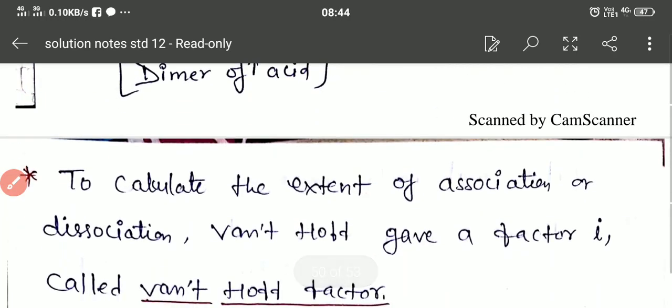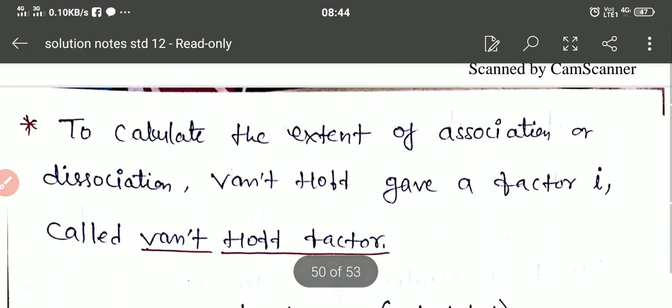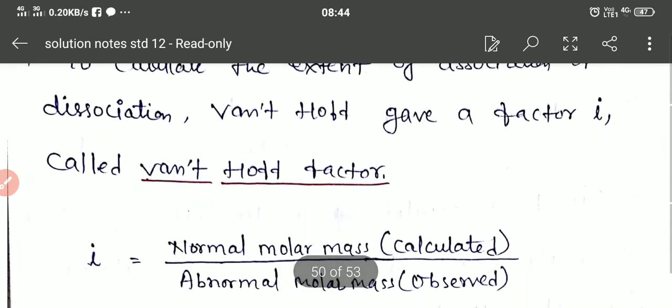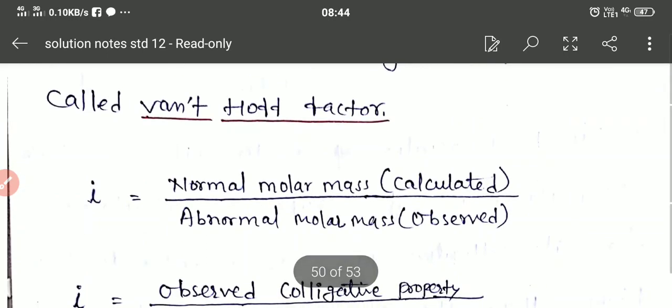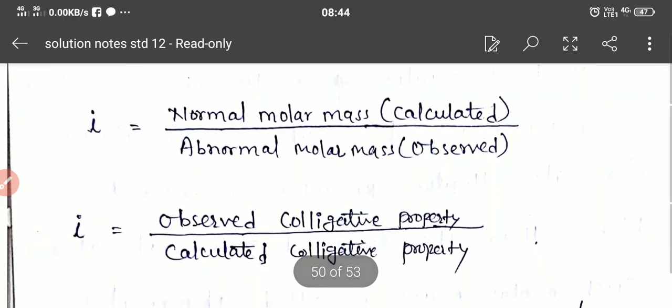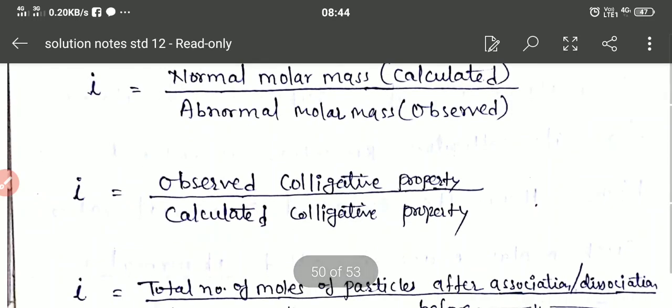To calculate the extent of association or dissociation, Van 't Hoff gave a factor i, which is called the Van 't Hoff factor. So, how to calculate i? The equation: i is equal to normal molecular mass, that is calculated, upon abnormal molecular mass, that is observed. The second equation: i is equal to observed colligative property upon calculated colligative property.